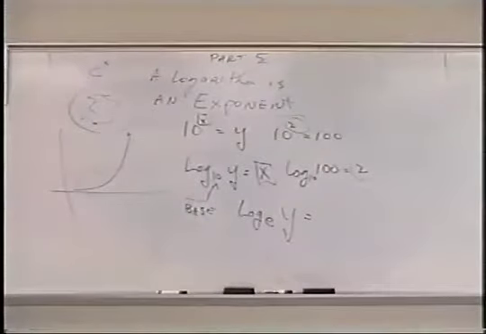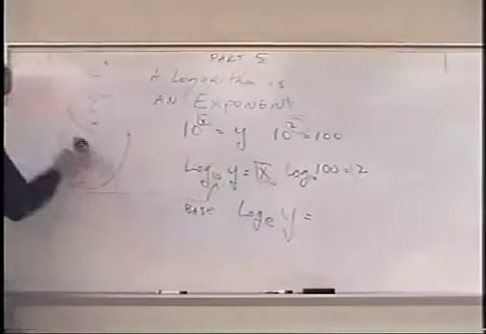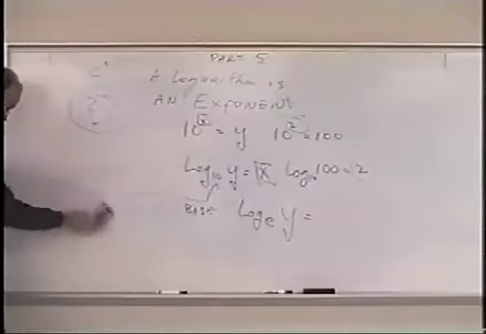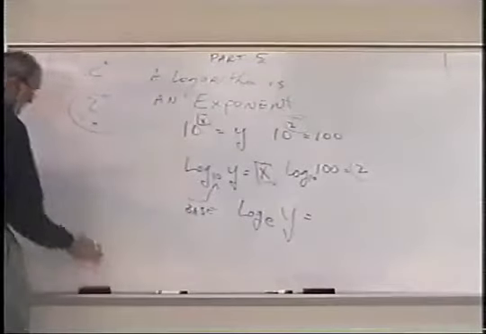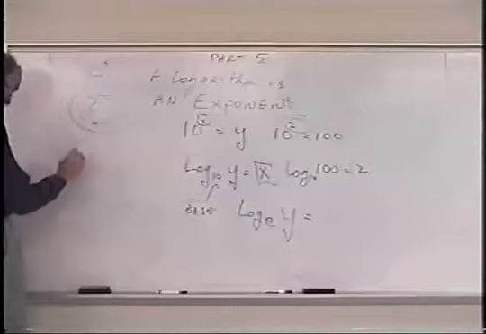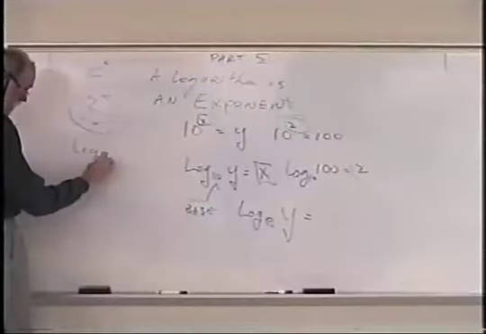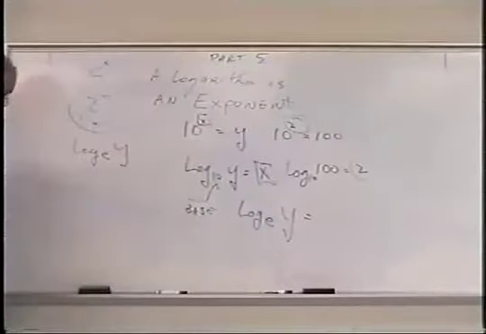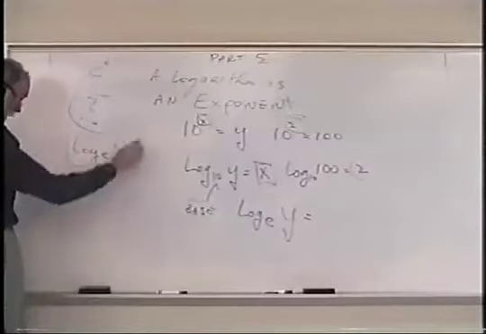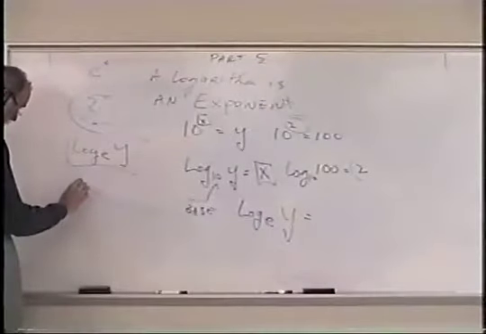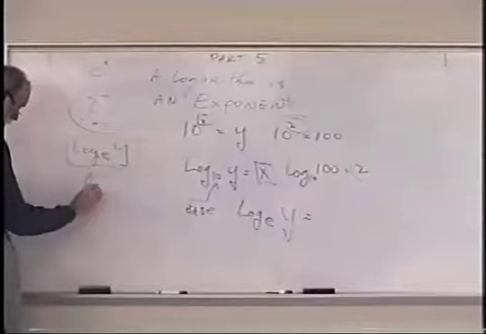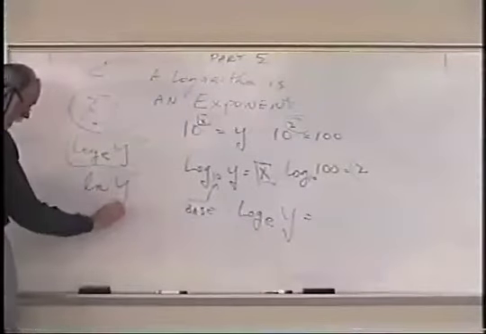Therefore, we have what we call the natural log system. Log base E of y. And so that we don't have to write log base E, we write LN for natural log.